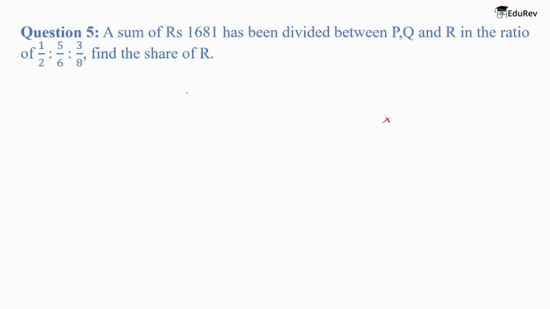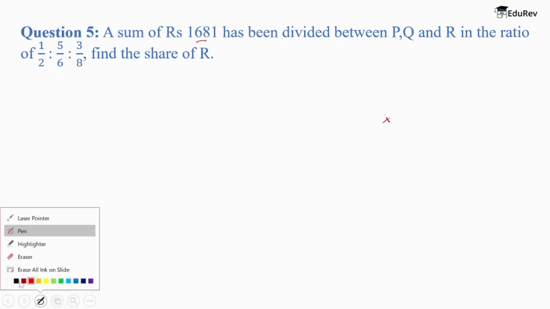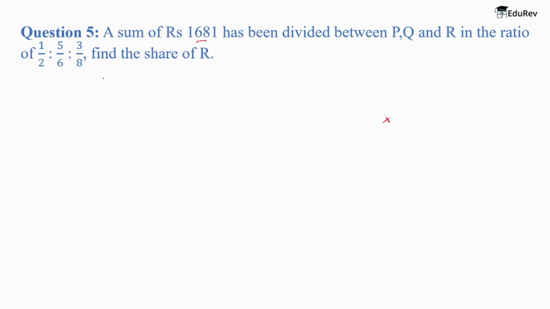Now the next question is, a sum of rupees 1681 has been divided between P, Q and R in the ratio of 1 by 2 is to 5 by 6 is to 3 by 8. And you have to find the share of R. So let's solve this one.